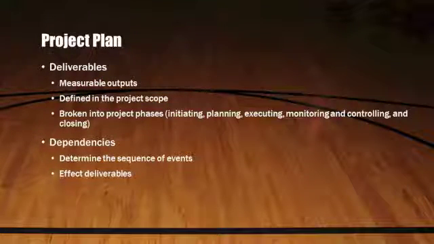The project plan is a culmination of the work that has been done over the entire project. The project plan uses deliverables and breaks them down by project phases, similar to that which was done in the work breakdown structure. The project phases we used were initiating, planning, executing, monitoring and controlling, and closing.